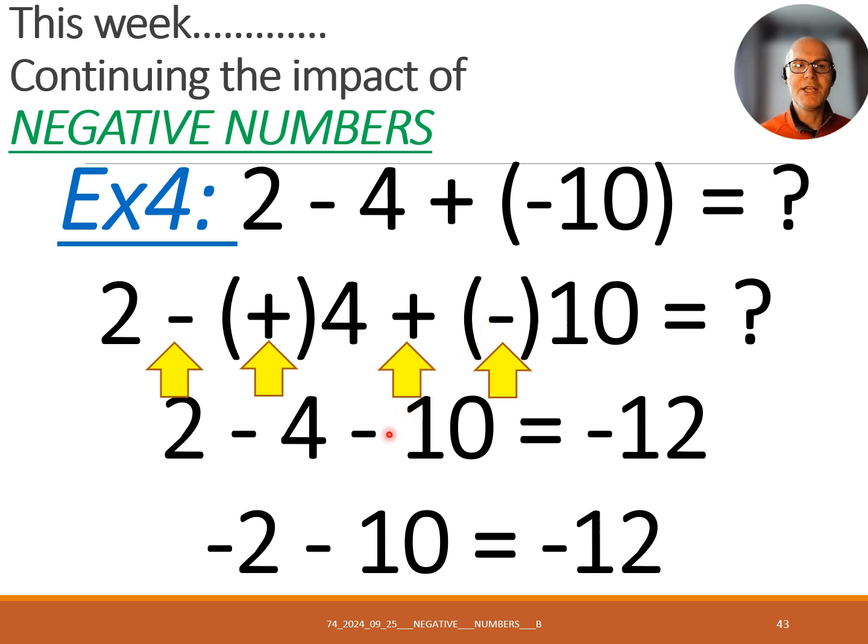Add a negative changes to a subtract. So instead of 2 subtract 4 add negative 10, we rewrite it as 2 subtract 4 subtract 10. 2 subtract 4 is negative 2, subtract 10 is negative 12.